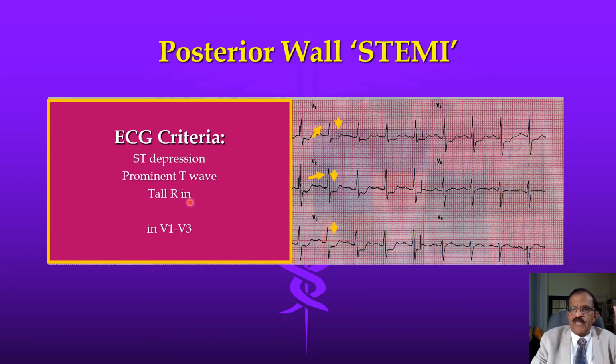So all opposite ECG changes, but in opposite group of leads in V1, V3. V1, V3 leads are on the anterior side. So they are opposite to the posterior wall. So they represent the true posterior wall infarction if the changes are also the opposite.